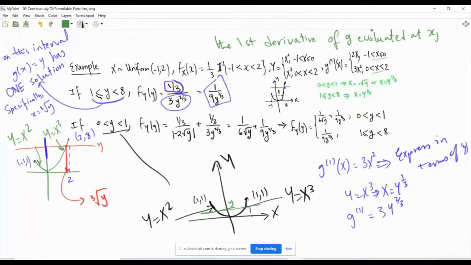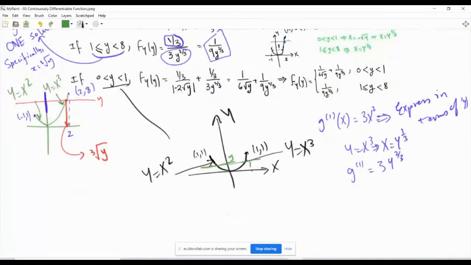and now we have two solutions. If you ask yourself, what is g of x equals y, now has two solutions. What are these two solutions? So there is a positive solution and a negative solution. One and negative one.